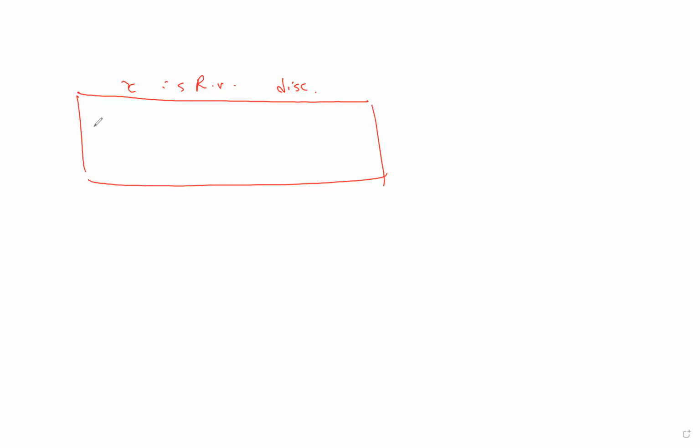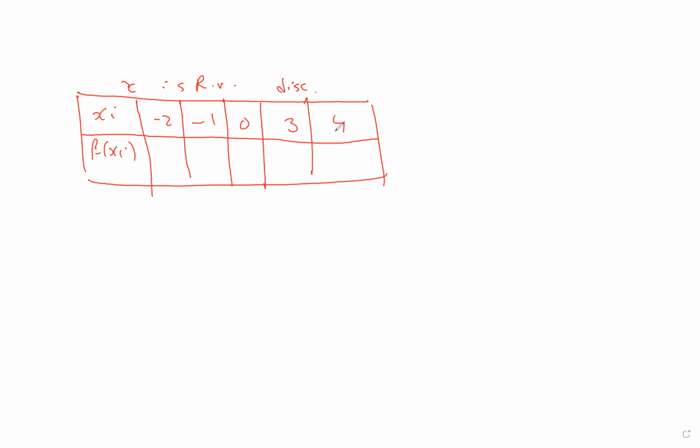Its probability distribution is the values shown in the following table, which is xi and f of xi, like this one: -2, -1, 0, 3 and 4.